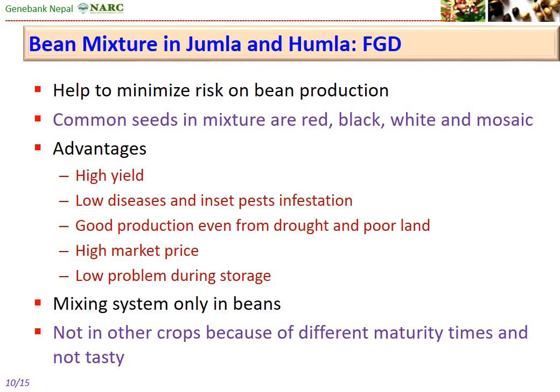The advantages of mixing beans are high yields, low disease and insect pest infestations, good production even under drought and poor land conditions, high market price, and fewer problems during storage. There are mixing systems only in beans, and farmers said they don't mix cultivars in other crops mainly because of different maturity times and not being tasty.